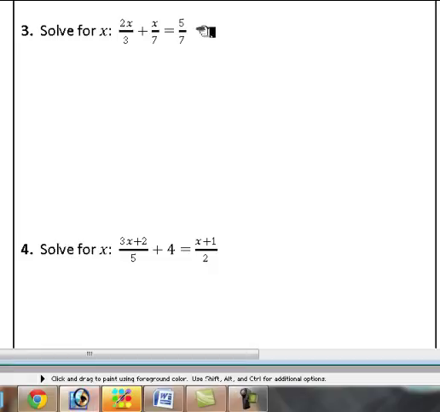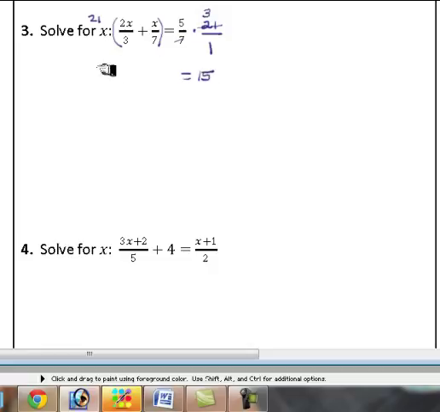So we're going to multiply both sides by 21, on the right-hand side and on the left-hand side as well. On the right-hand side, we can just divide 7 into 21, and we have 5 times 3, or 15.